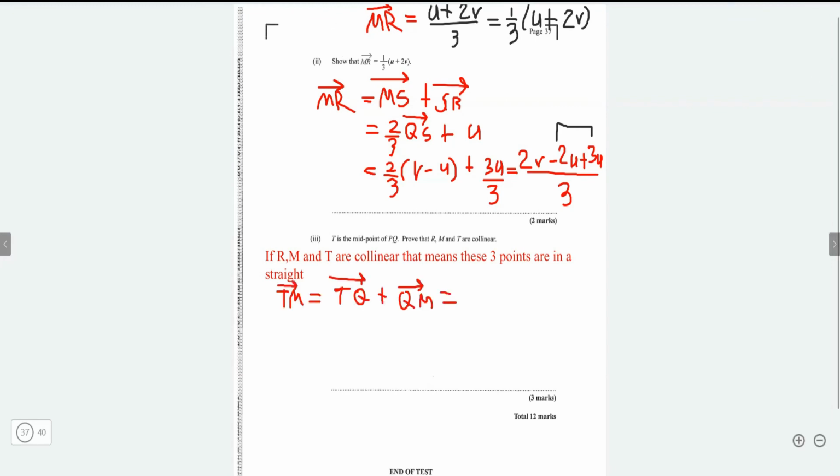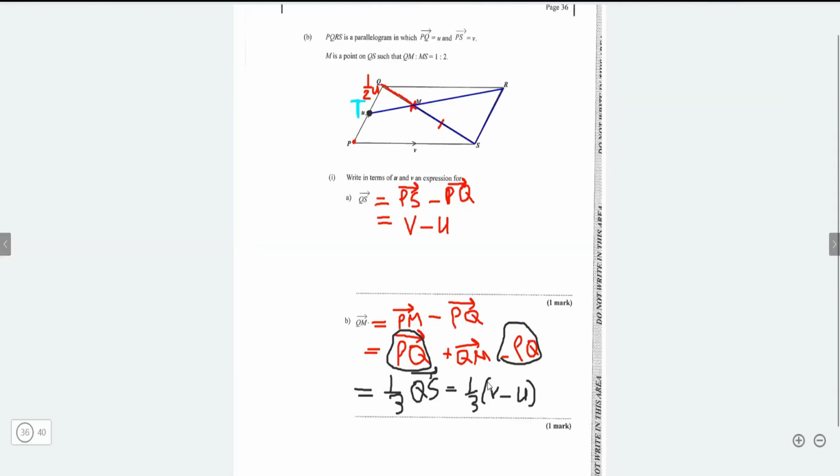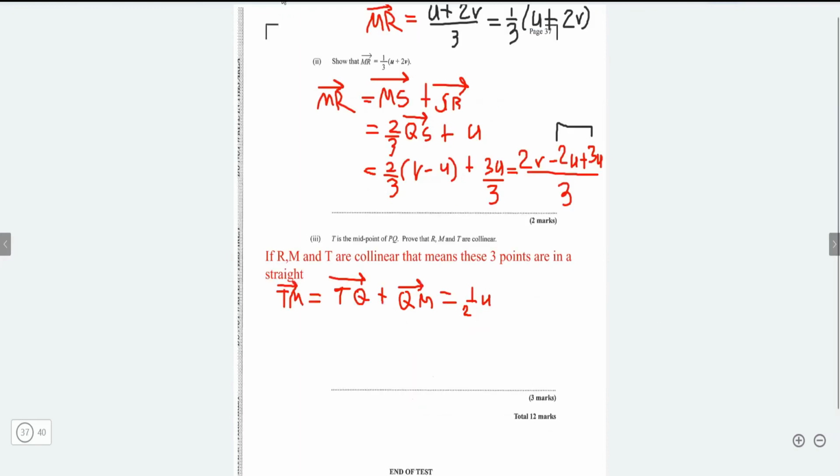All right, so this is now a half U. And then we need vector QM right here. So already found vector QM is 1/3 of V minus U. I'm going to write it as V minus U over 3. That's vector TM.